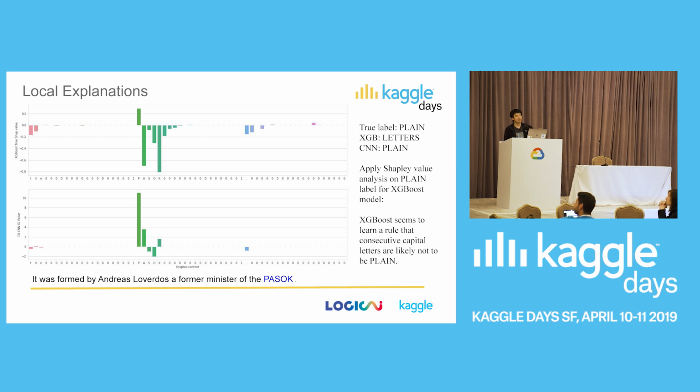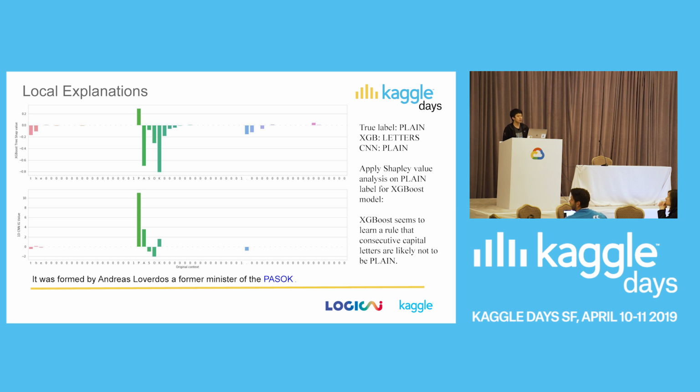And the figure above is where I try to apply this Shapley value analysis on the plan class. So I try to understand why SGB boost did not capture it as a plan.